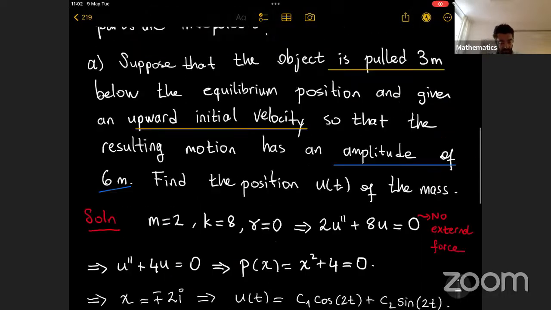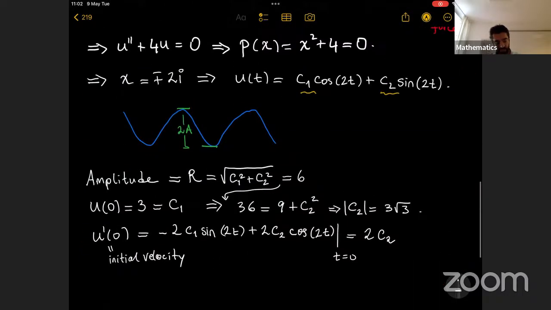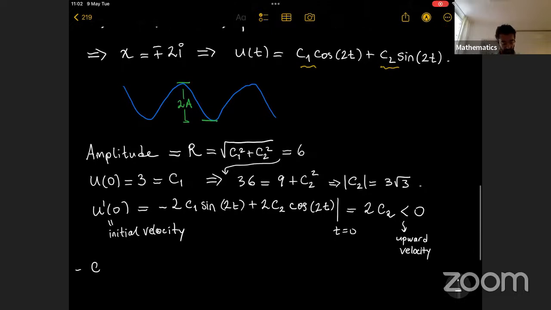And we know that the initial velocity, upward direction is negative, okay? So it should be negative, because of upward velocity, okay? Which tells you basically C2 is negative, so C2 is equal to minus 3 root 3.